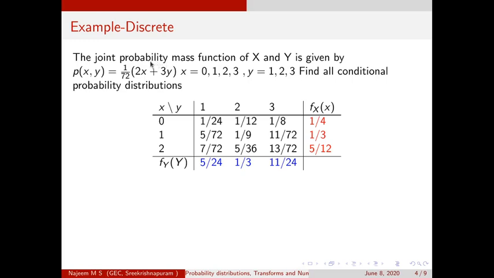This is a probability mass function. Given the probability mass function, we are expressing it as this table also, the same thing. Find the conditional probability distribution. So let's see how to get the conditional probability for each value of x equal to 0. Y given x can be calculated by dividing this row by 1 by 4, and x given y equal to 1 can be calculated by dividing this column by this number.